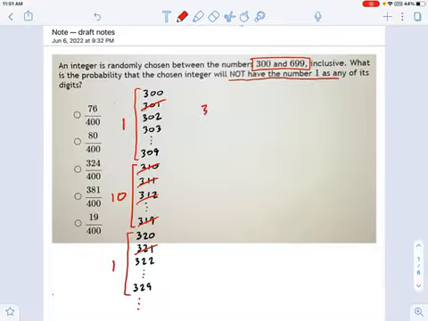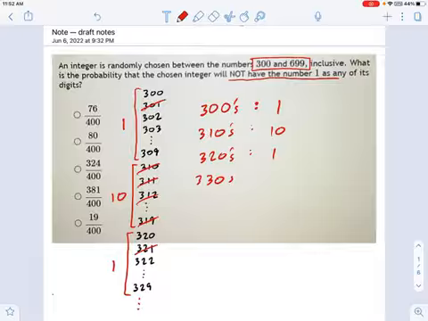So, if you look at the 300s as a class, how many problems are there in that class of numbers? Here, let me do it this way. In the 300s, you've got 1 problem. In the 310s, you've got 10 problems. In the 320s, you've got 1 problem. In the 330s, you've got 1 problem.